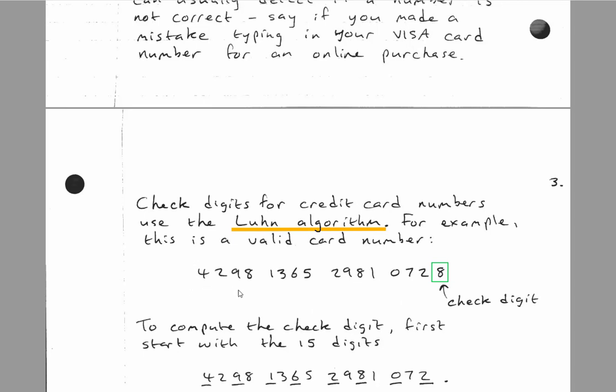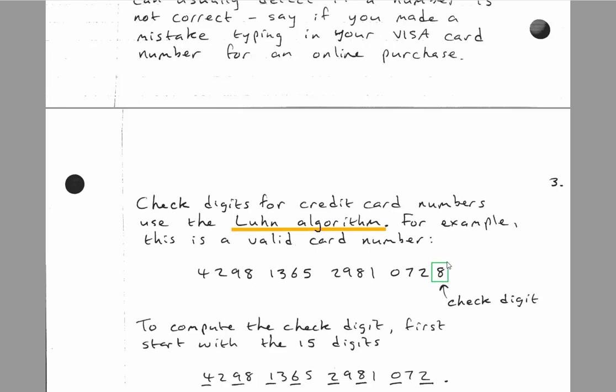All right, so credit card number. Again, I'm not using any real credit card numbers. A credit card number is 16 digits, and each digit is 0 through 9. The digit on the right is the check digit.